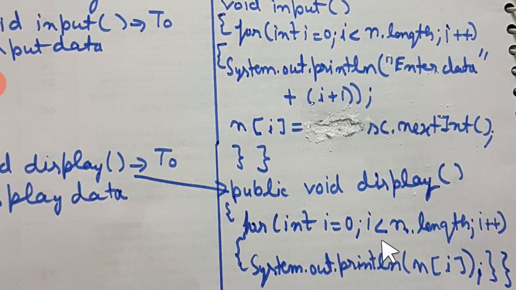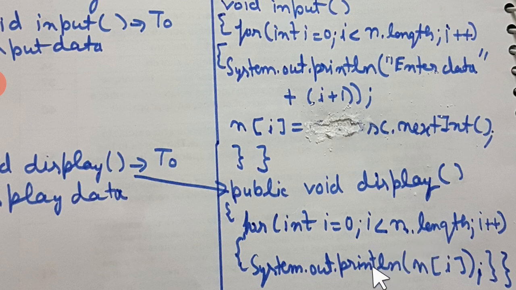Here also I am moving from 0 to the last index of the array, because I have to display the entire data stored in the array in a proper sequence. So the loops are the same, and this loop is very commonly used when it comes to arrays. So please practice it. It will be a big help for you.